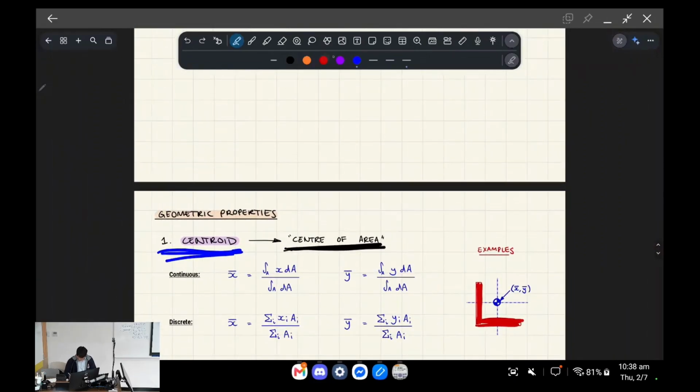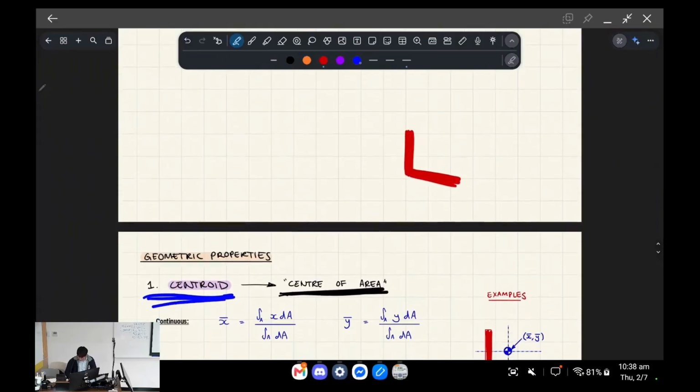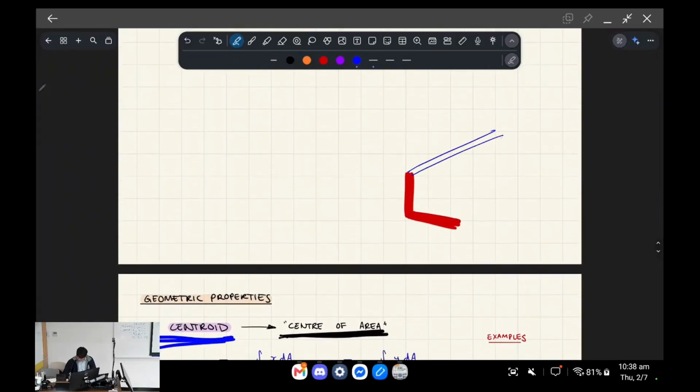So remember, this shape does not exist in isolation. The idea is that we're calculating the cross-sectional properties of a beam. For example, this might be an L-shaped beam.